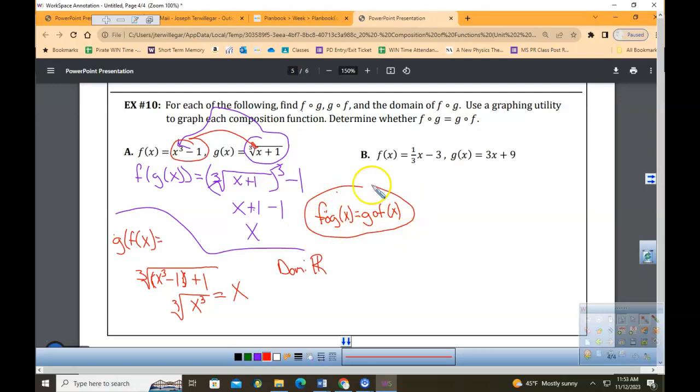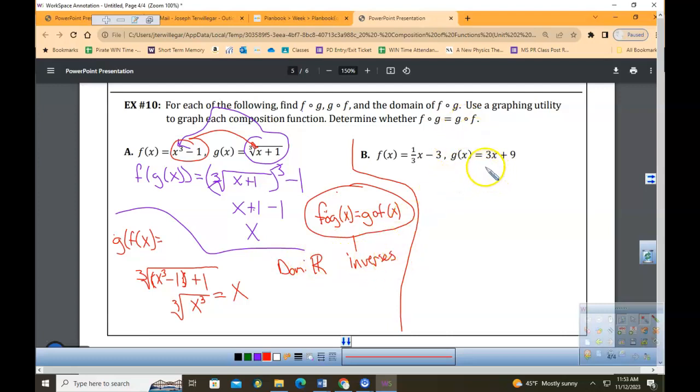It's true. That means they're inverses. They're inverses. And that's what the next unit's about.